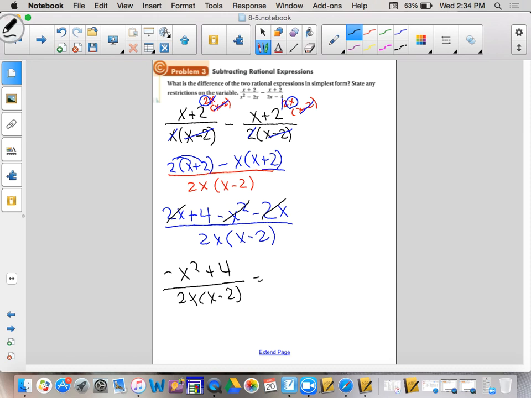I need to take a negative out of this, so my x squared will become positive, right? So if I come over here and take a negative 1 out of it, I'm going to have x squared minus 4. Well, let's check it to make sure we're right. If I were to distribute this negative 1, I would get negative x squared. Do I have a negative x squared over here? I'm good. If I were to distribute this negative 1 to this negative 4, I would get a positive 4. Do I have a positive 4 over here? So that tells me I'm good right there.